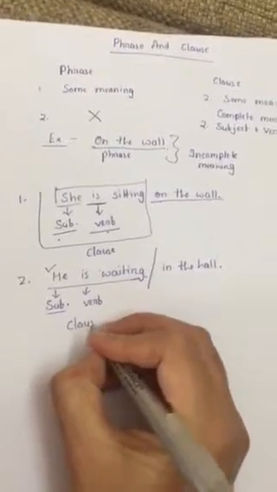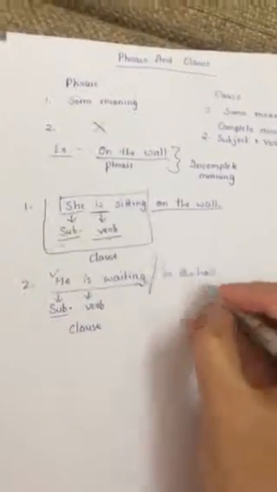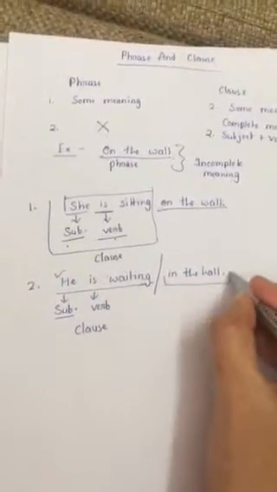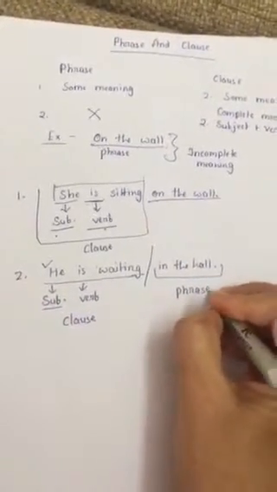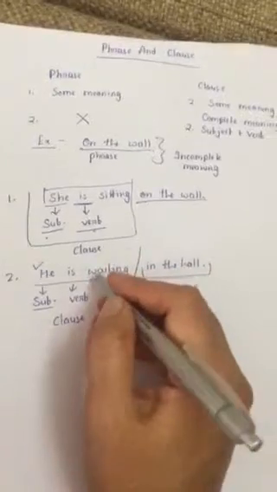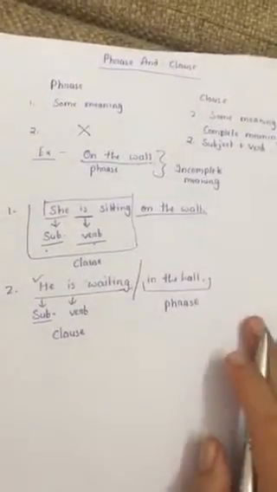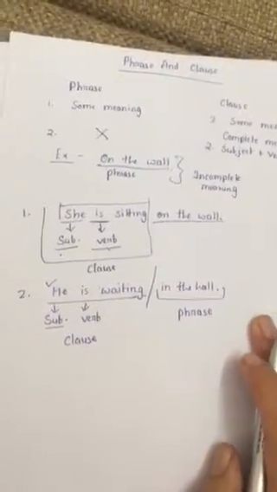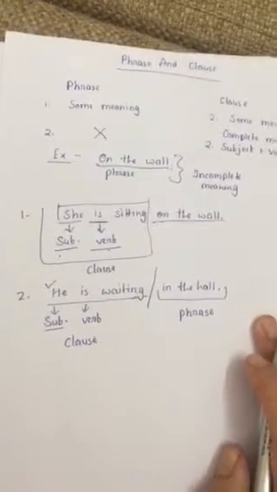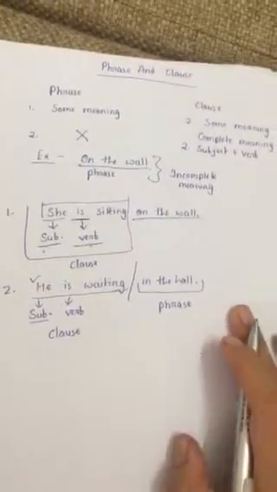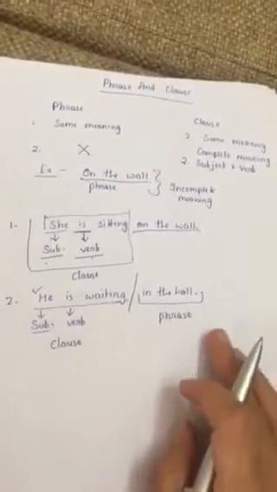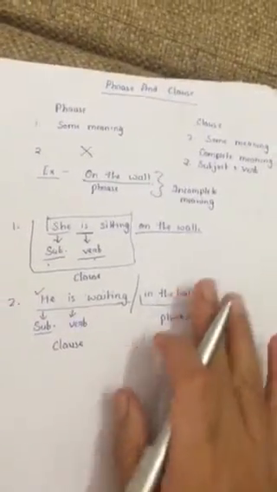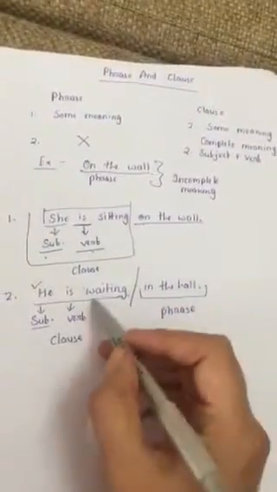It has a subject and a verb, and it's giving you some meaning. But "in the hall" is a phrase. A phrase adds something to the meaning of the clause. A phrase also has a very important role. It doesn't mean that a phrase does not have any importance. It adds something to the meaning of the sentence. It adds some description. It tells you some more about the clause.